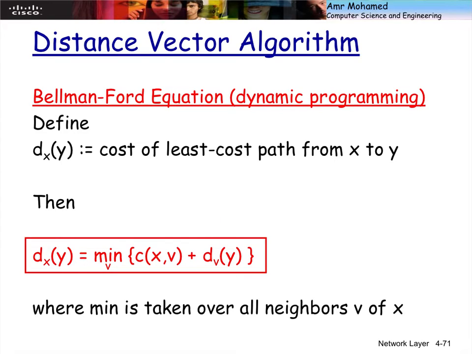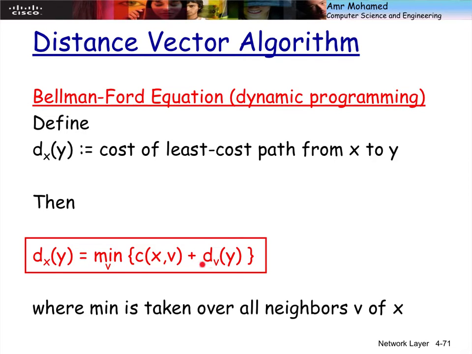Okay? If I have these vectors of distances from all the neighboring nodes, all I need to do is say that the distance between x and y is the cost to one of the adjacent nodes, which I know, plus the distance between v and y.